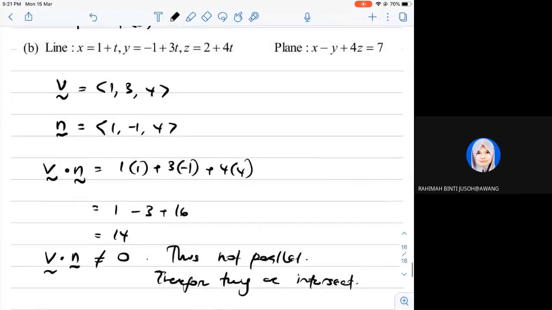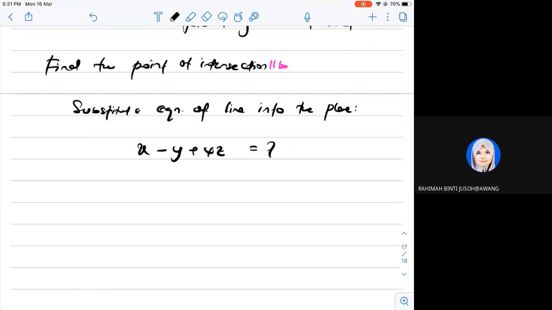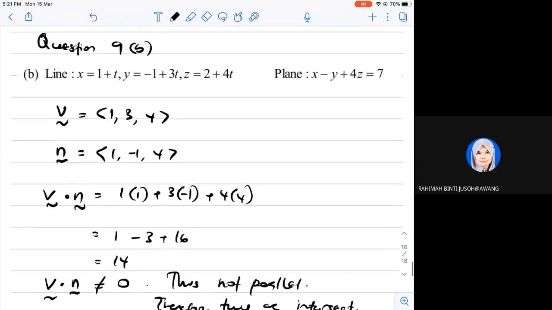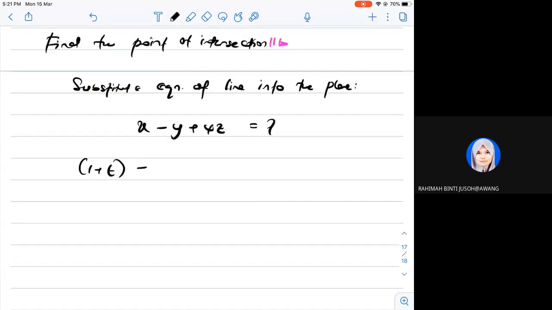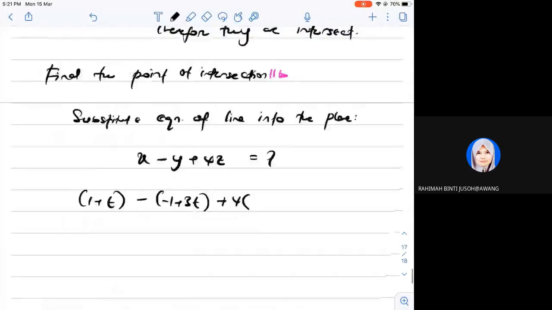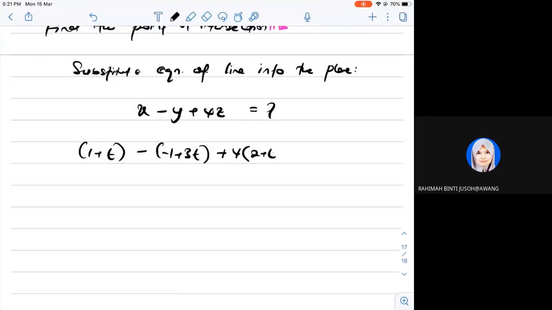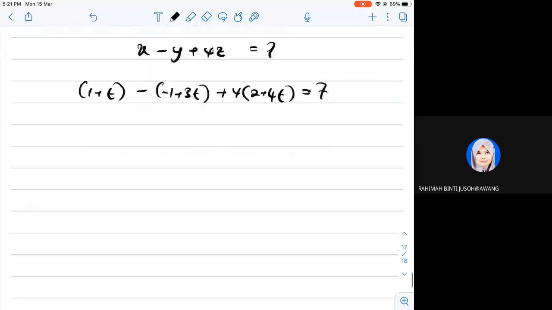So x adalah 1 plus t. So 1 plus t minus y is -1 plus 3t. And then plus 4z is 2 plus 4t. Okay, so maksudnya masukkan equation of line dalam equation of plane equals to 7.